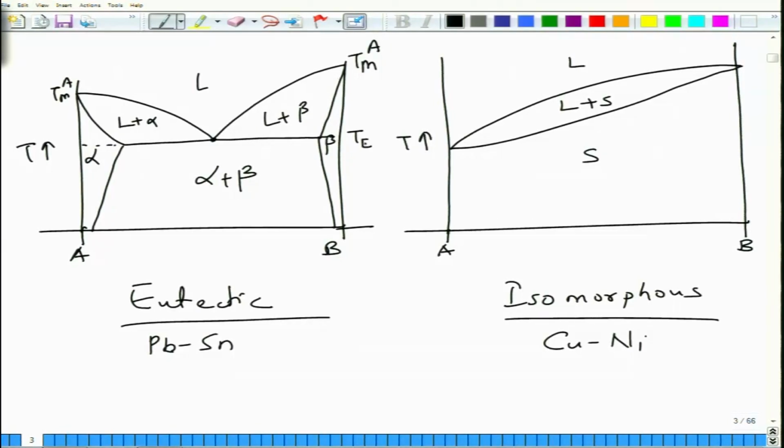Okay, TE. So at this eutectic temperature, liquid of composition CE transforms into alpha and beta phases, whose compositions are given by this point and this point. So this is C alpha and this is C beta.